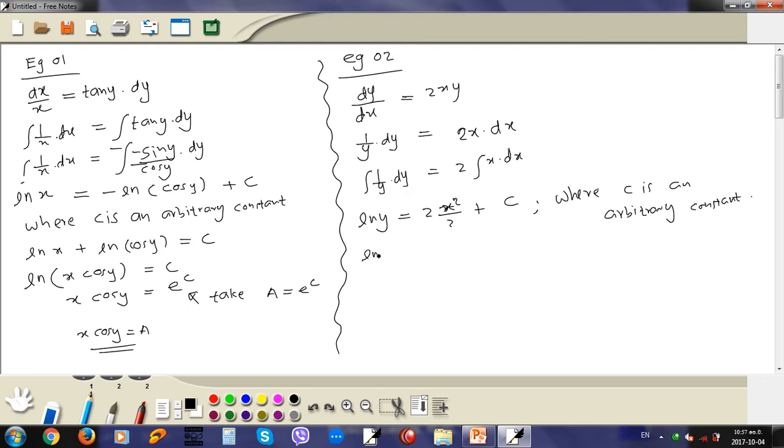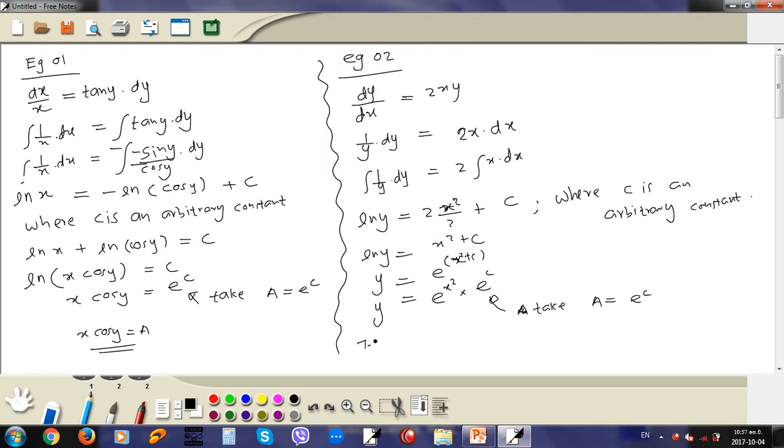So ln y equals x squared plus c, then you can write y equals e to the power x squared plus c. Then you can write this as e to the x squared multiplied by e to the c. What is e to the c? Again a constant. I am taking a equals e to the c.